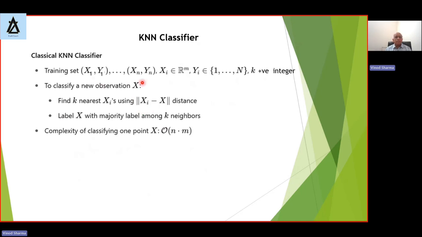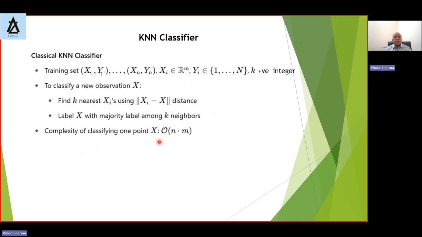And after getting the k nearest xi's, look at their labels y1 to yk, and from those k labels, we choose the majority label, and that is how we classify the new observation x via this method.